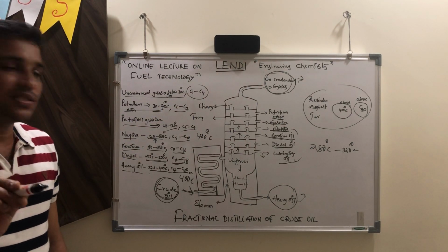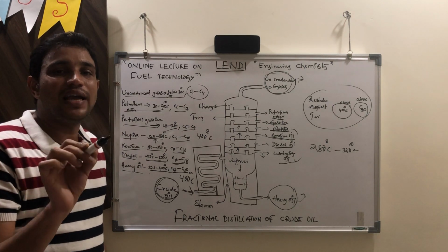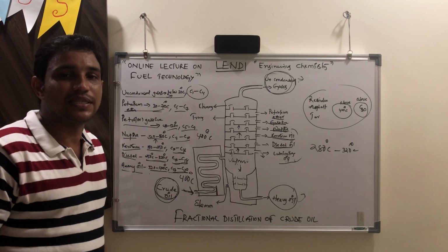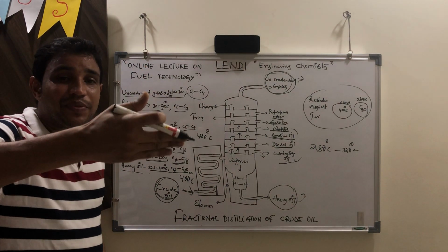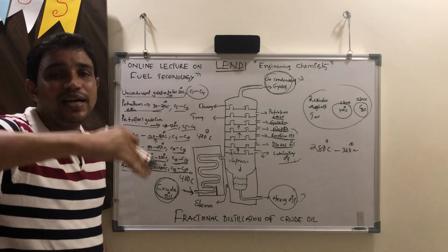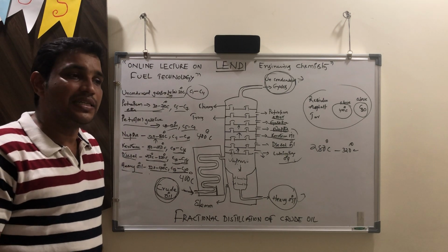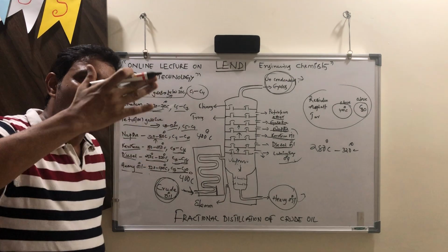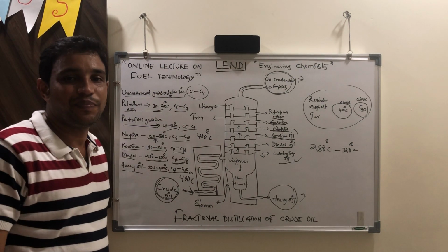The main concept of fractional distillation of crude oil is that crude oil has to be used for different purposes, for which we need to fractionate it into different fractions or products. Then, sir, how do we convert the crude oil into different fractions? There is a way.